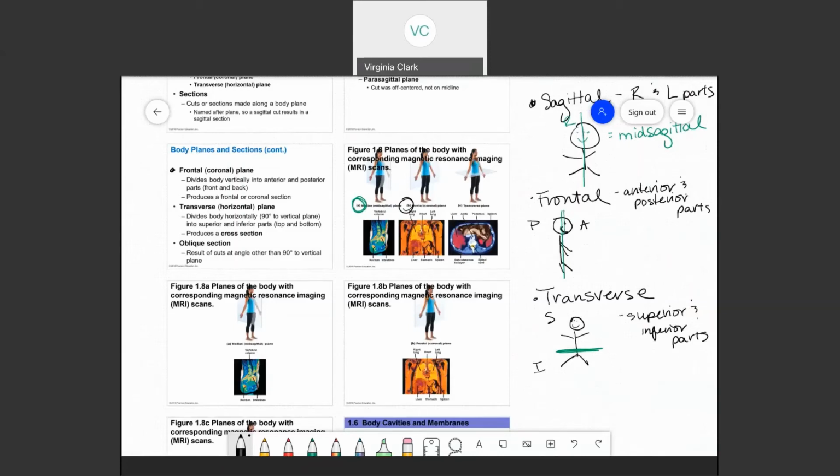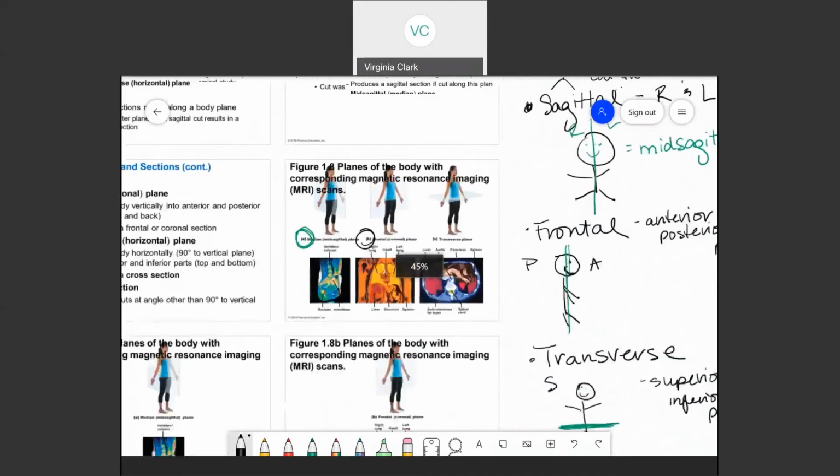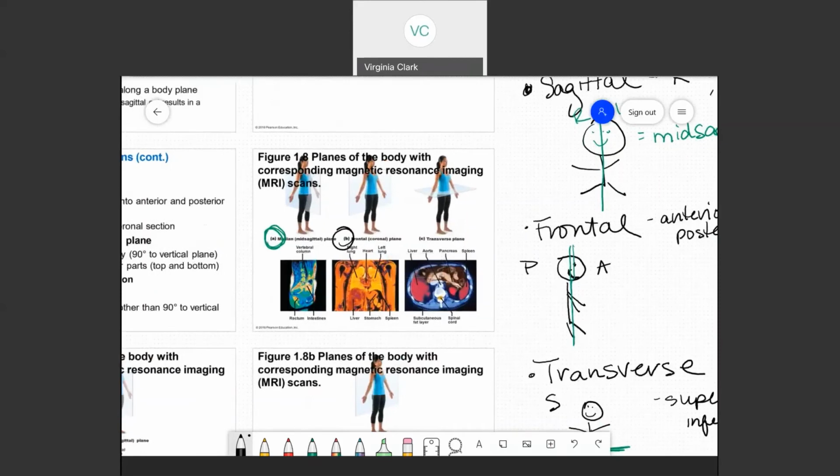The reason these are important is within your book or your PowerPoints, you can see how these are going to be anatomical images from MRIs. This right here is from the perspective of where they have split someone down the middle, and you're actually looking, this right here is the spinal cord. Oh, so sorry. You are only looking into the right side of the body. This is the frontal section, so this is actually going to be where the head would be.